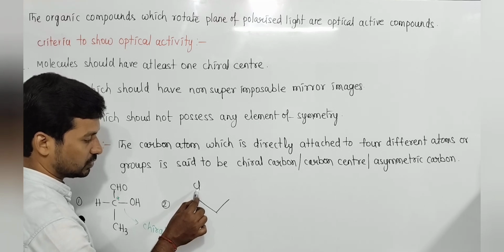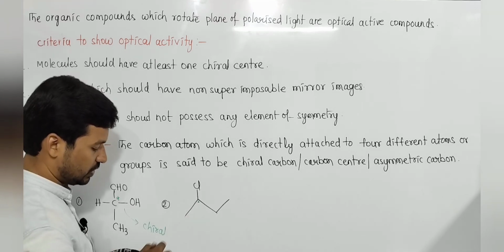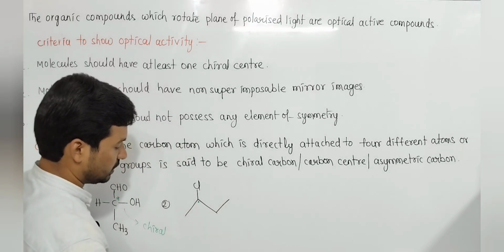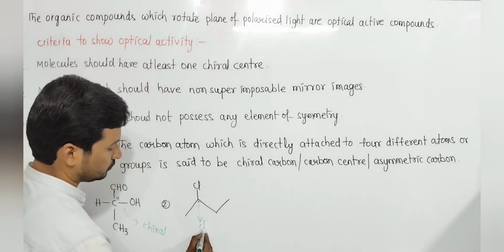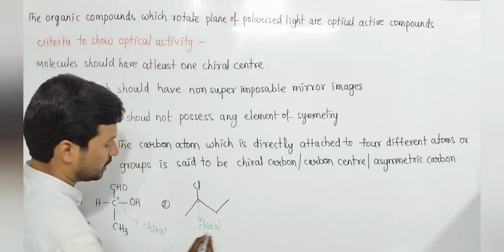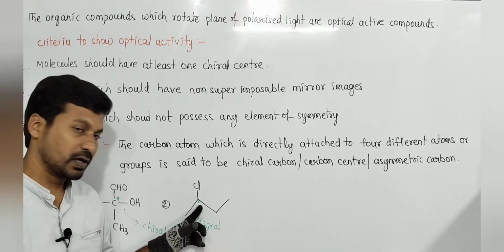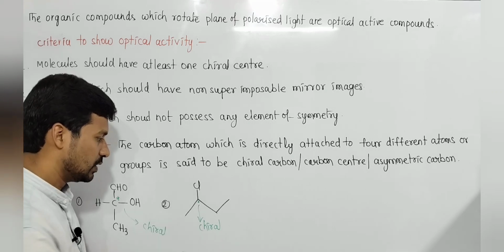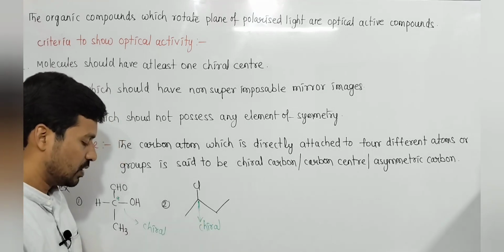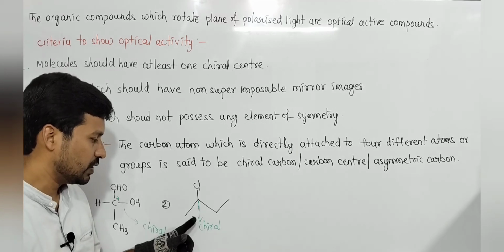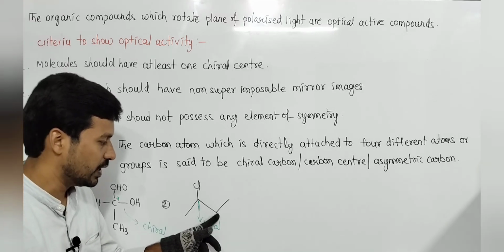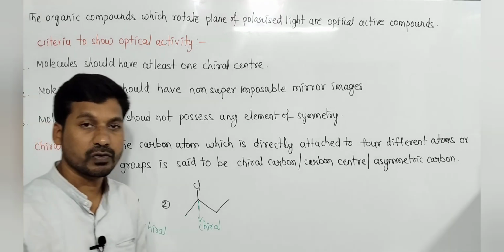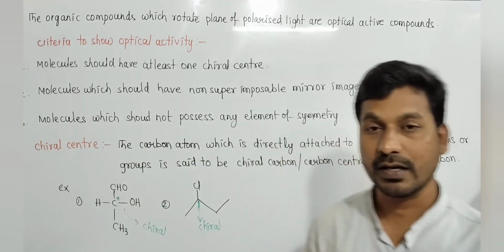For this carbon, 3 bonds are present, so the other is hydrogen. In a bond line formula, we do not write hydrogen atoms or carbon atoms. So the other is hydrogen, methyl, chlorine, ethyl, four different groups. So this carbon is said to be a chiral carbon or chiral center.